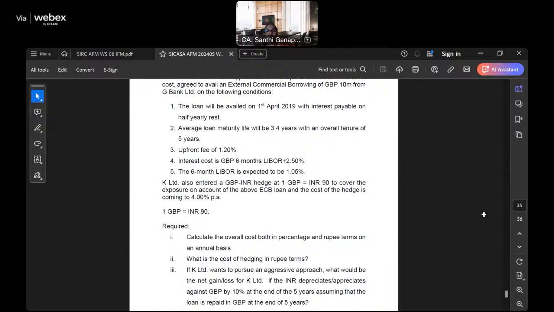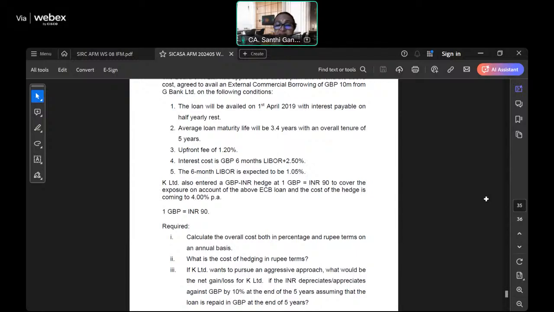So what do we know? Upfront fee we can take. And if you look at it, totally how much? If you want to compute as a percentage, 12.07% plus 13.6% plus 1.2%, or we can look at it by means of amount and then get the same 26.87%. There are two ways in which we could have got the amount and then the percentage, or we could have got the percentage and then the amount.